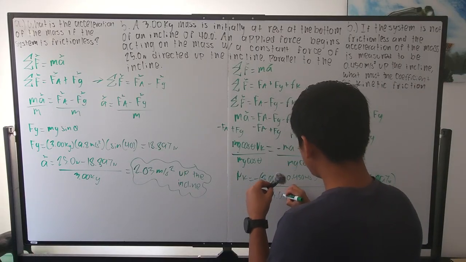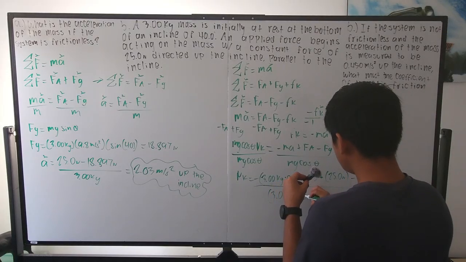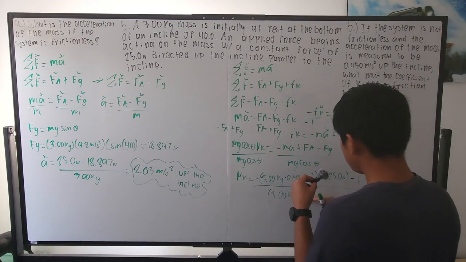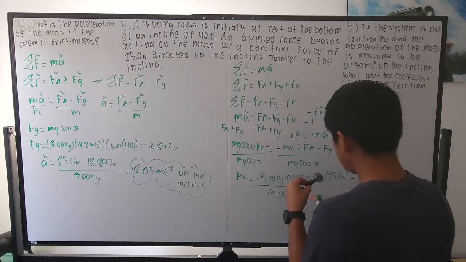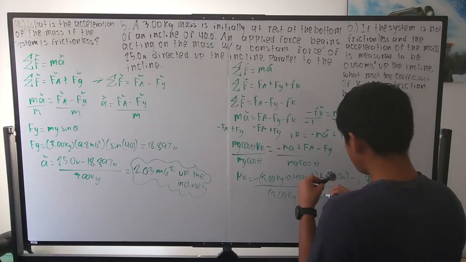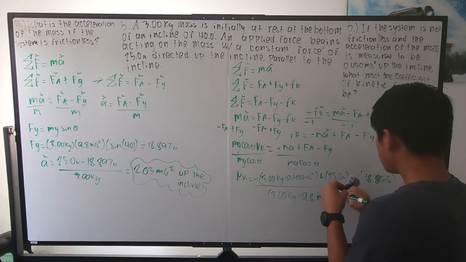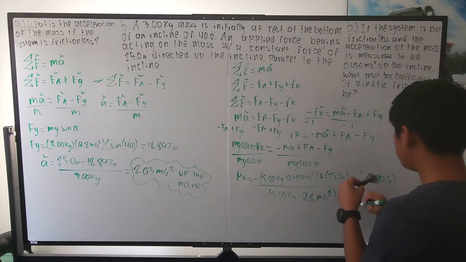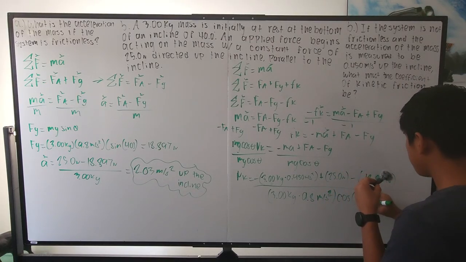So mg again, 3 kilograms multiplied by gravity, which is 9.8 meters per second squared, multiplied by the cosine of theta, which in this case is that 40 degrees.